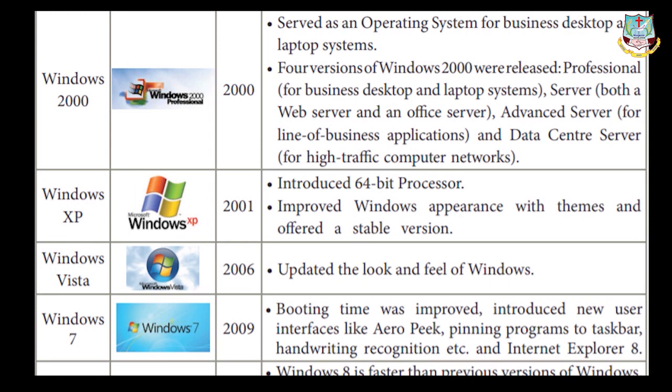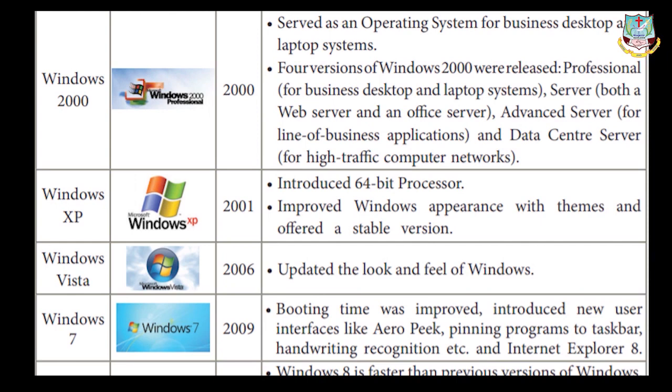Okay, this introduced a 64-bit processor, right? About the processor, first we saw in Windows 1X, it was just a 16-bit processor, right? After that, in 1995, in Windows 95, we saw a 32-bit processor. And after that, in 2001, it introduced the 64-bit processor.